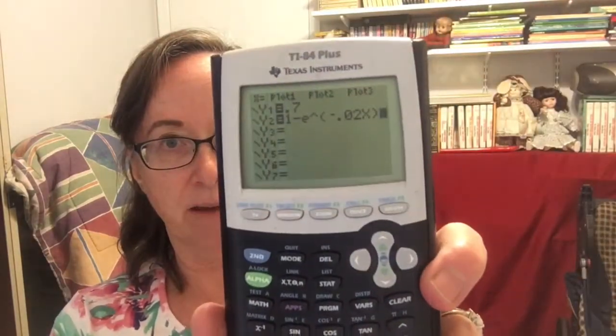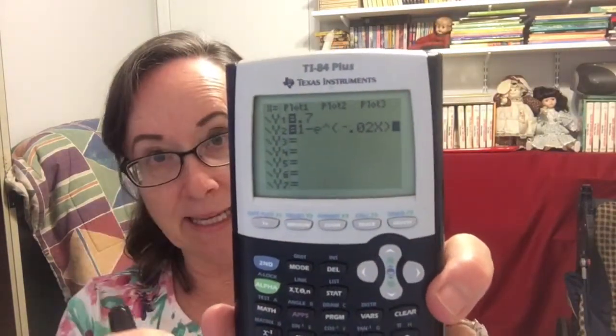And on y2, I'm going to put 1 minus e, so that's second exponent, and then negative, using the negative key down here, 0.02t, and close parenthesis. And so I have this.